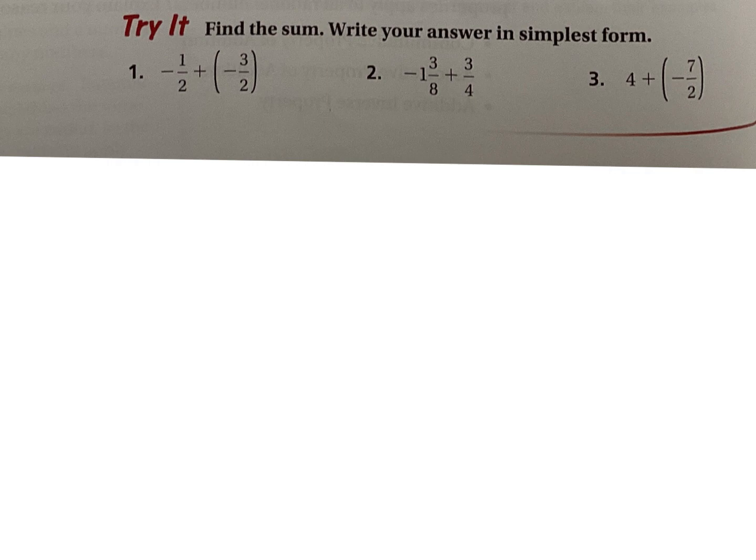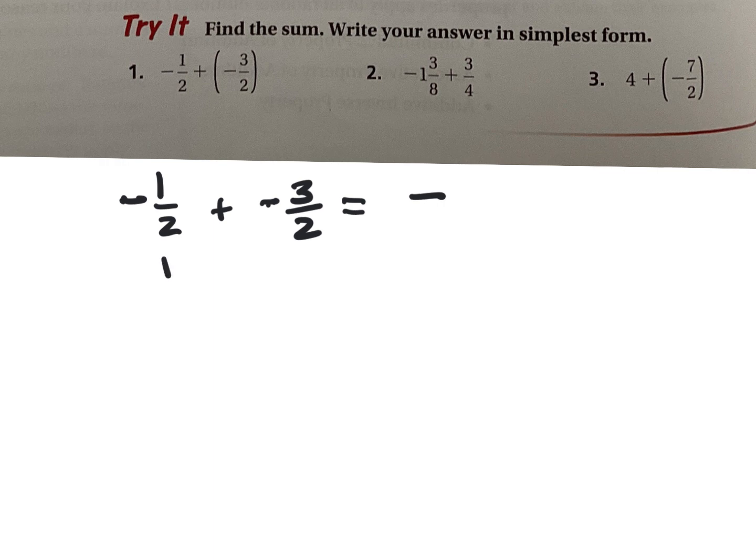I'll rewrite that. Negative 1/2 plus negative 3/2. All right, so there's a couple things good in this one. They are both negatives. Because they're the same sign, I know that I'm going to have a negative answer. So now what I do is I just add the absolute value of them.